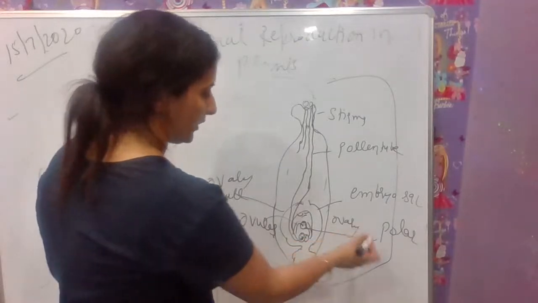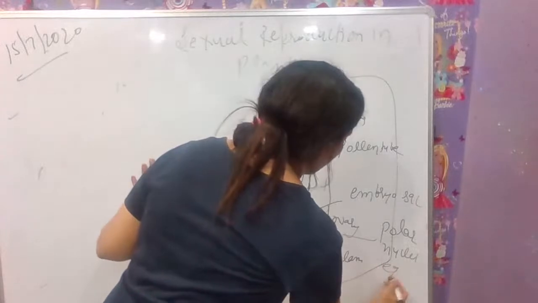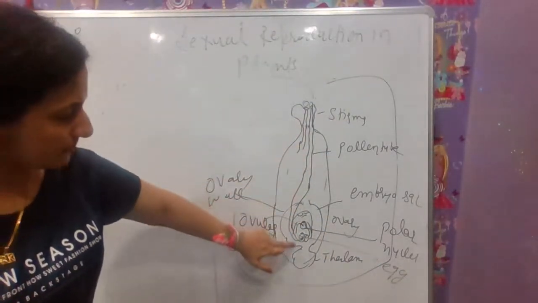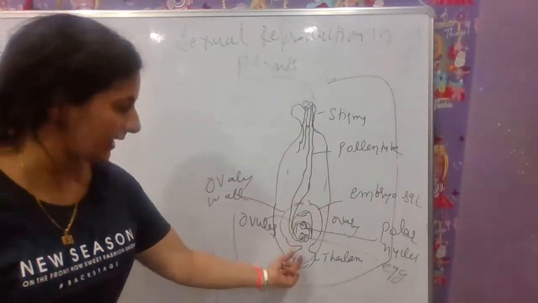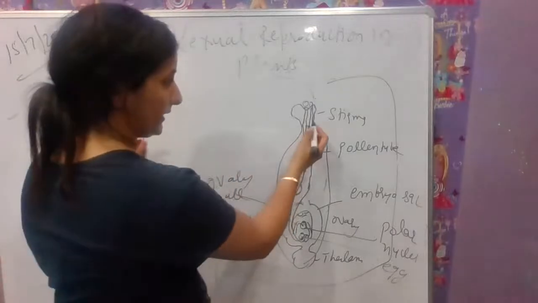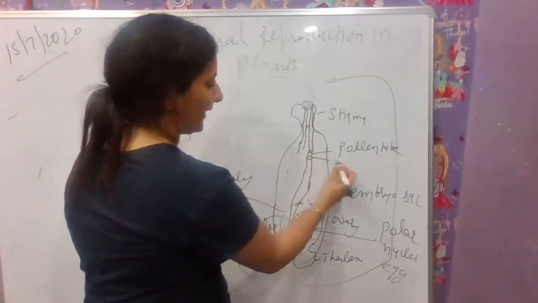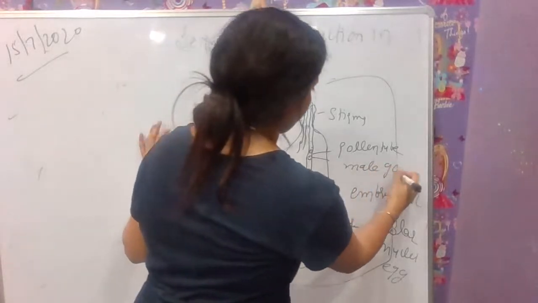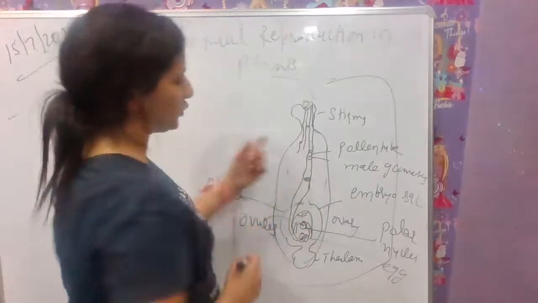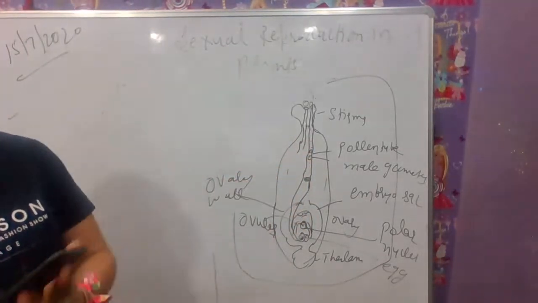It consists of polar nuclei and egg. This pollen tube passes through the micropyle end. The bottom end is called micropyle. From there it goes. This pollen tube consists of 2 male gametes and also contains the tube nucleus.